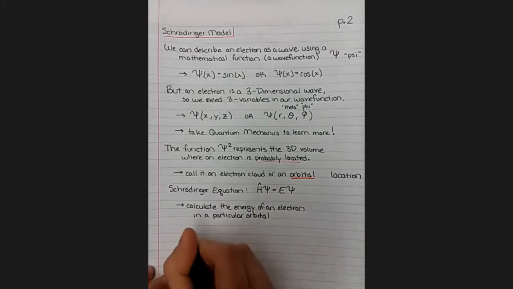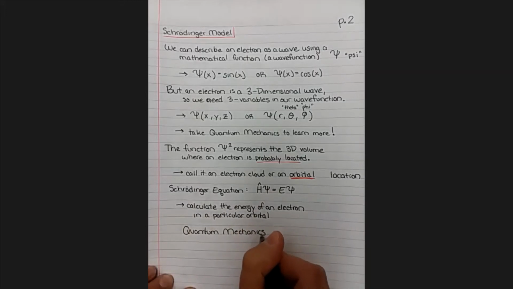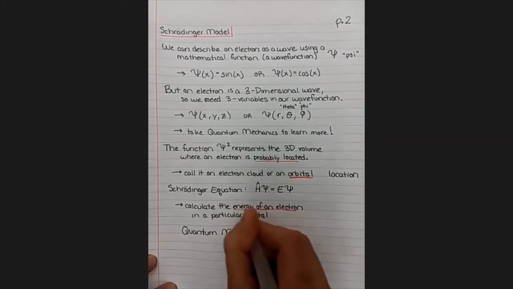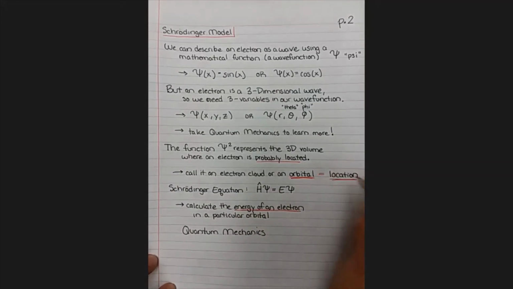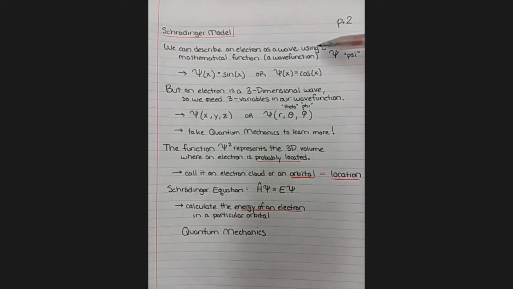And this field of study is called quantum mechanics, because it studied these tiny quantum particles and the mechanics of how they move. So electron energy and electron location, those are the two main takeaways here. By modeling an electron as a wave using a function, we can determine its probable location in an orbital around an atom and its energy.